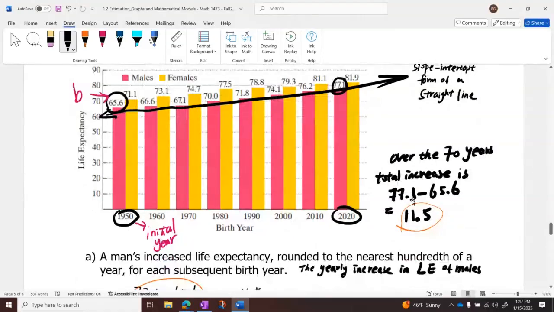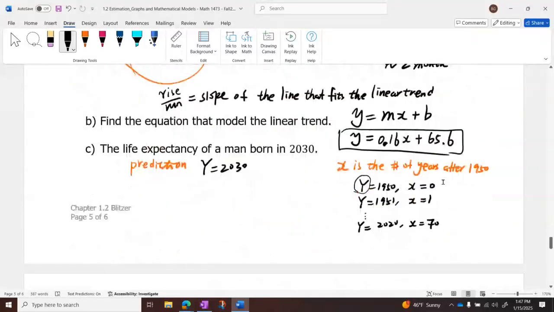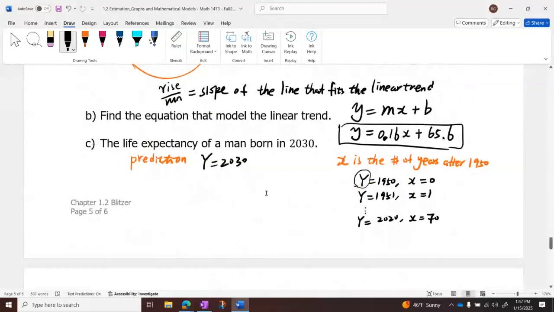Even now, even if the book is a 2021 version, 2030 is still in the future. So we can only predict. How do we predict? We find a model. We found a very good model, a linear model. So we are going to use the linear model to predict the life expectancy of a male born in 2030.